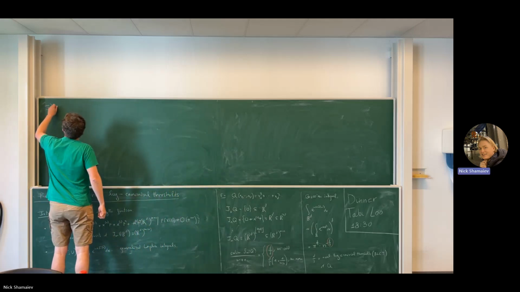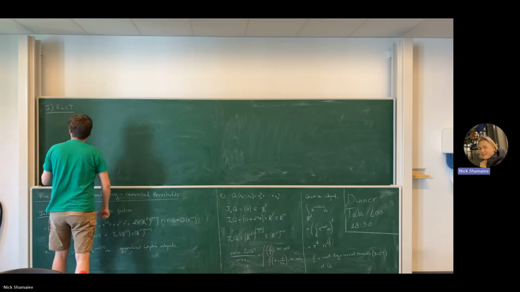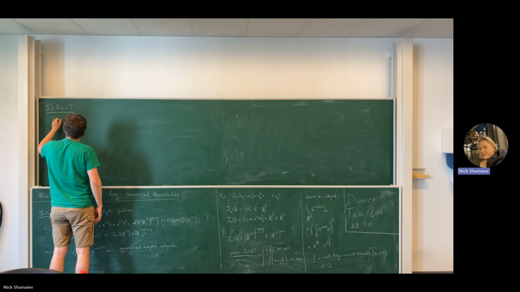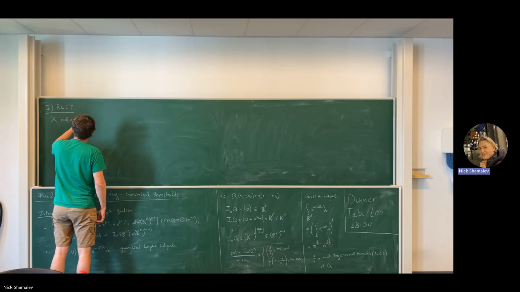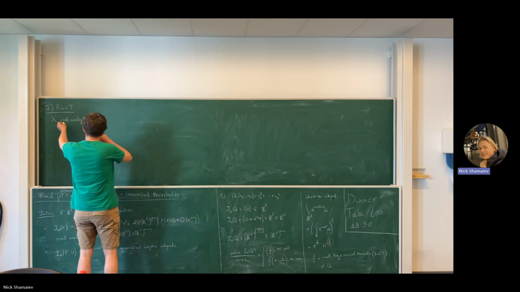So then I'm going to spend most of the talk talking about this real log-canonical threshold. Let's be slightly more general, but these invariants are basically local invariants of singularities, so the generality is really kind of artificial.